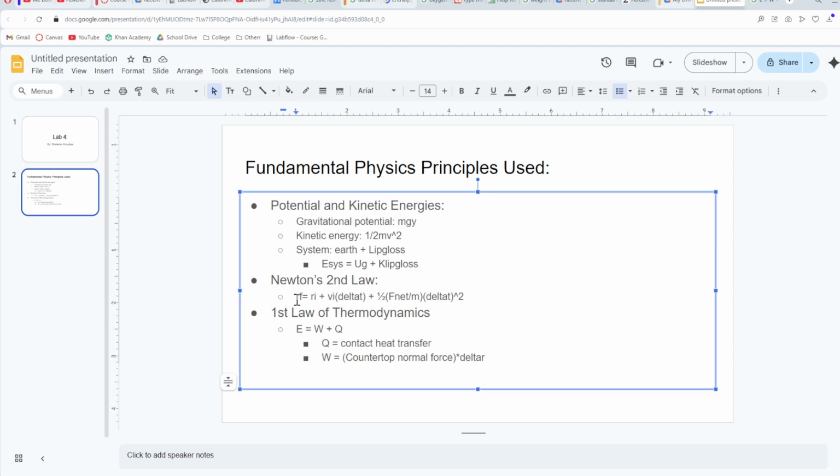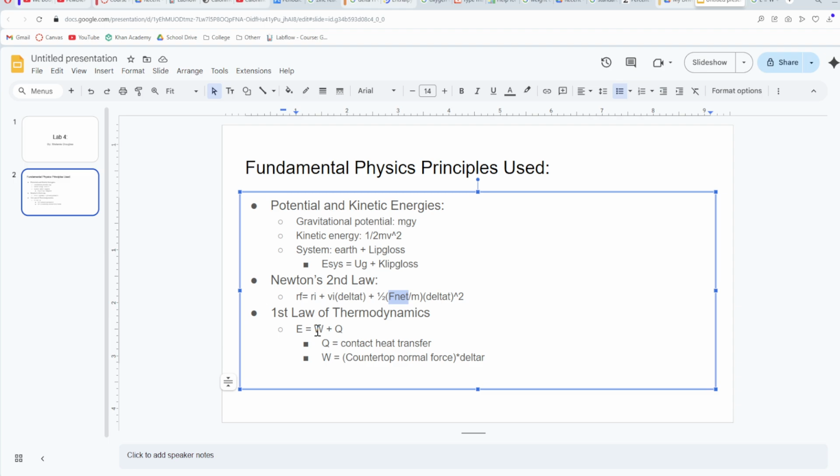If you want to find, for example, the final distance, you take the initial distance, which is given at the start of the video, plus the initial velocity, which is also given at the start of the video and is equal to 0, plus 1/2 of the net force, which is equal to the force of gravity, divided by the mass, times the change in time of that one segment squared. Because the lip gloss does bounce, you have to do this 3 times, once for each bounce. And then we can also use the first law of thermodynamics, which is equal to the change of the energy in the system.